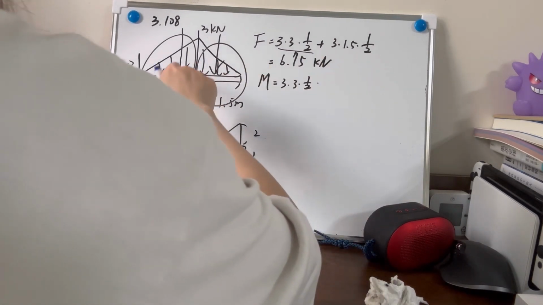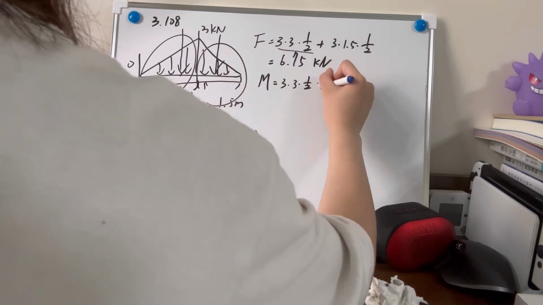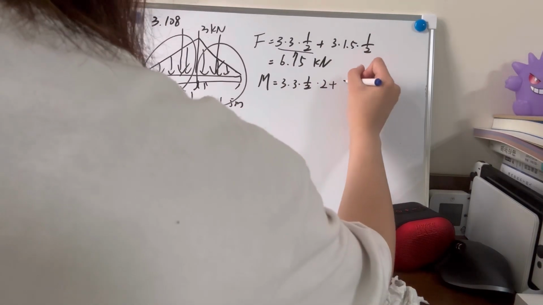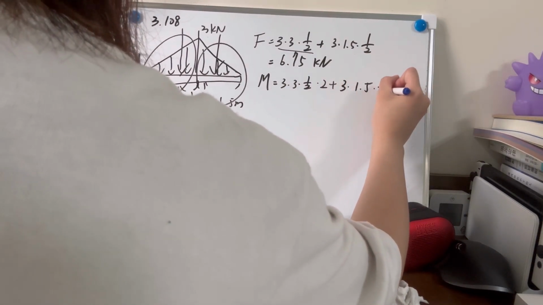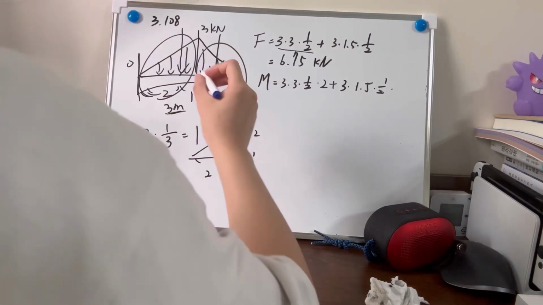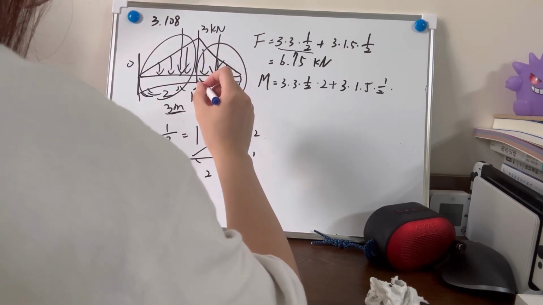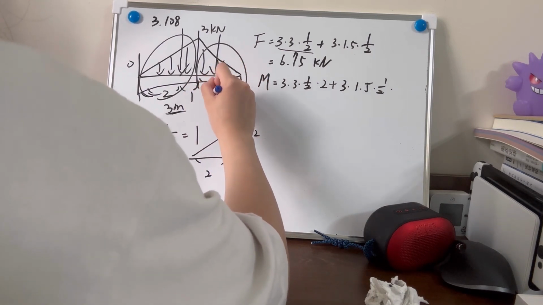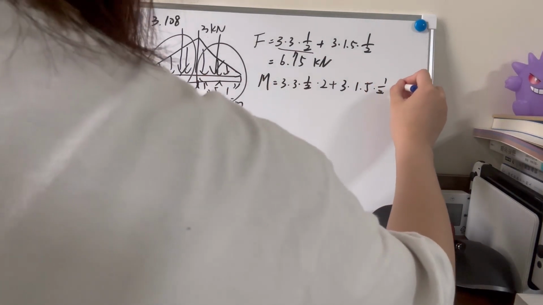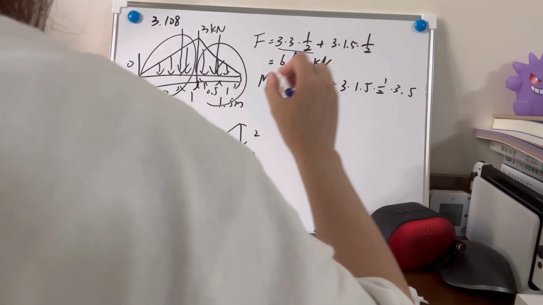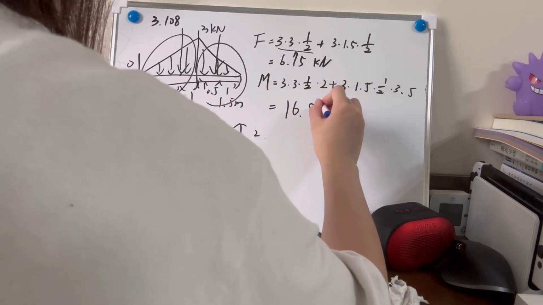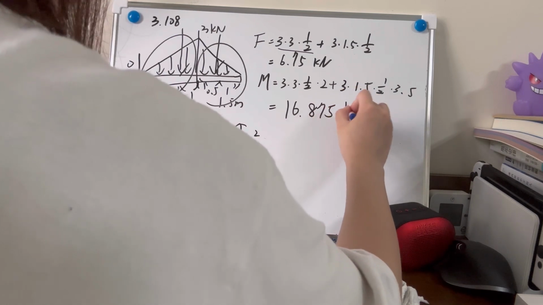And so now the force and the distance is 2, and plus 3 times 1.5 and half, and the distance here is also the 1/3 here, so it's 1 and 0.5, so it's 3 plus 0.5 is 3.5 here, and the moment is 16.875 kN.